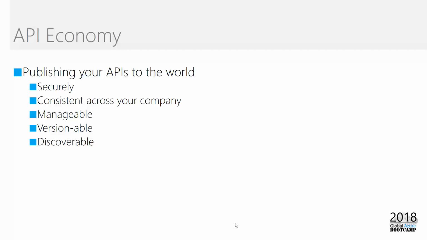Also, it's got the ability to generate code in a bunch of different ways. So me not being a phone developer and somebody wants to call my API from Objective-C, I'm lost trying to figure that out. But in API management, there is a little tab there that says Objective-C to call this API. And it shows them the code that they need to call that.